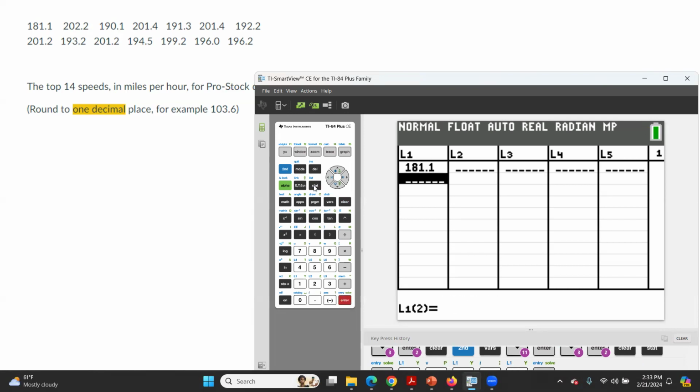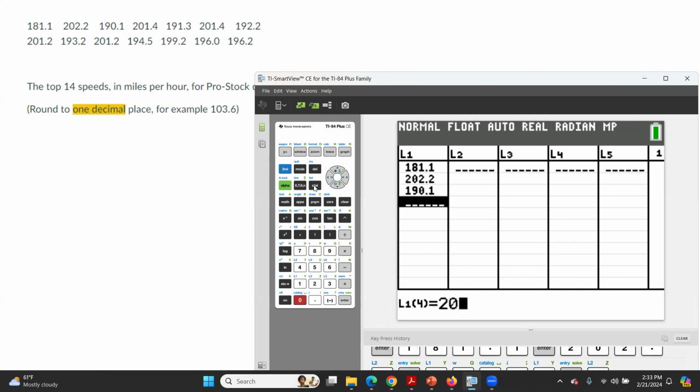181.1, 202.2, 190.1, 201.4, 201.4 again, and then you have 191.3, 192.2, 201.02, 193.2, and then 201.2.